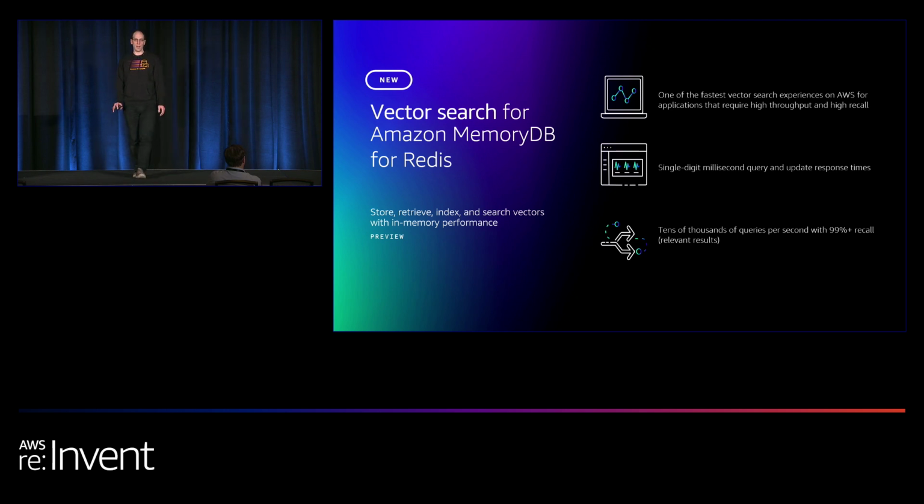Not only that, as you update the data, or add new data into your cluster, MemoryDB updates the index in milliseconds so that subsequent requests will include the latest result in near real time. MemoryDB scales up to tens of thousands of vector queries per second with 99% or more level of recall. As Joe mentioned earlier, you don't have to compromise ultra performance with a high level of recall with MemoryDB.